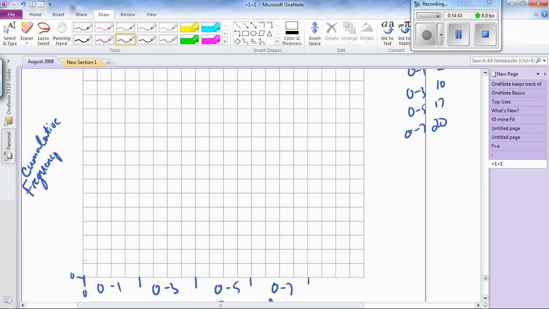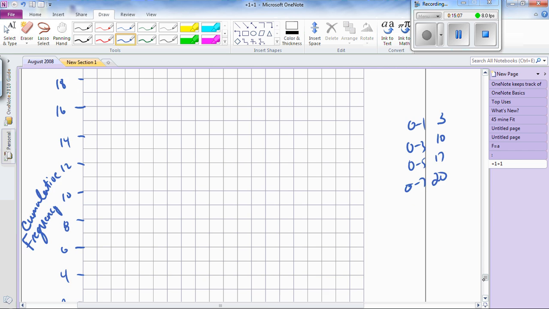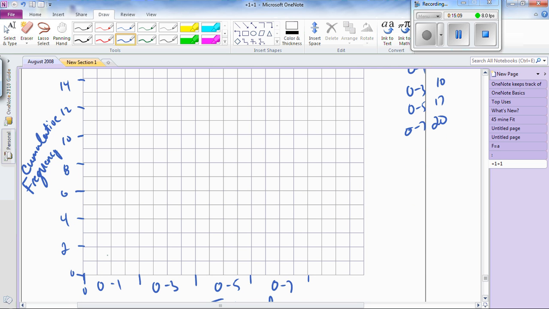I say 20, so I'll make every box 1. I should have counted. 0 to 1 is 3.